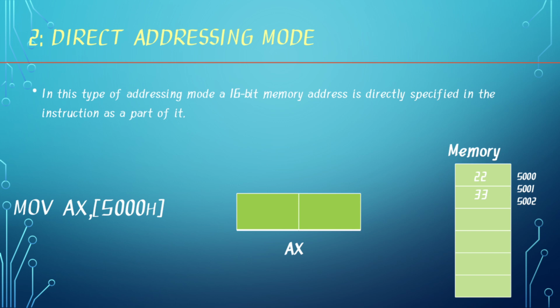The address of this memory has some data, and that data is moved to the AX register. Before this instruction, the AX register is empty. The memory location 5000 has 22 and 5001 has 33. This data is moved to the AX register after this instruction is executed. So this is a direct addressing mode.